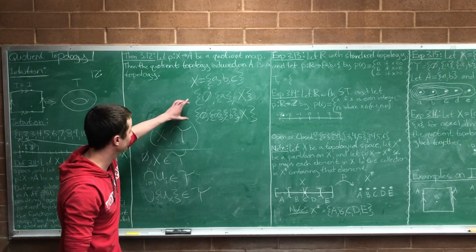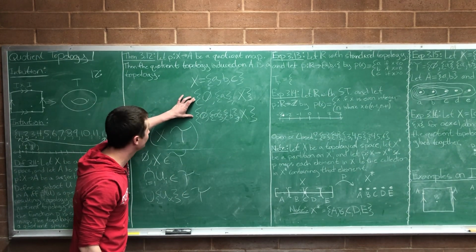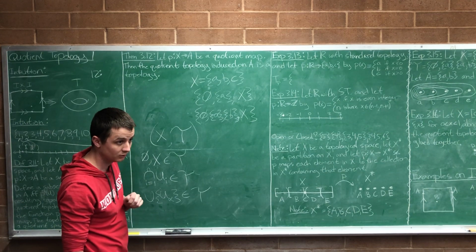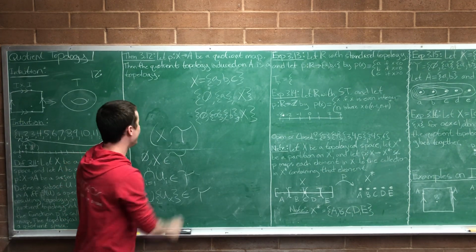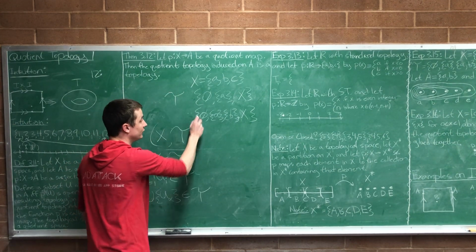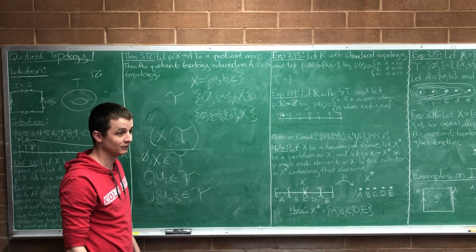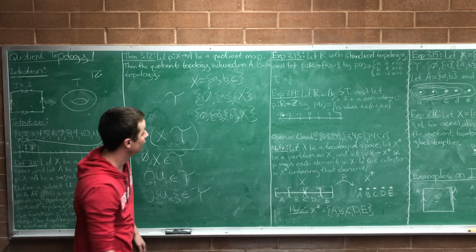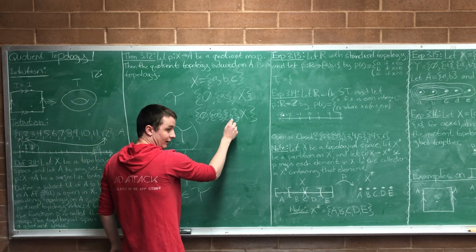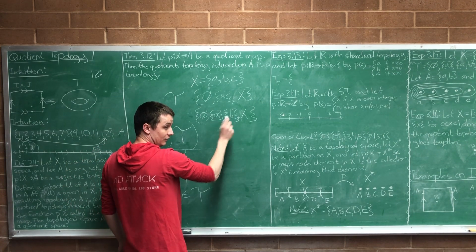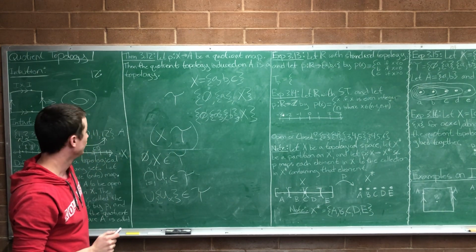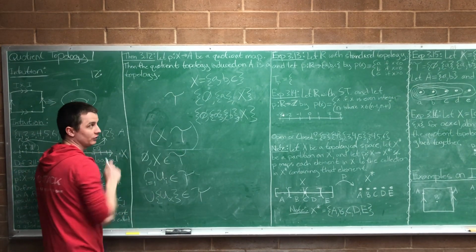Look at these two sets. These are both sets of subsets of X, right? Now this one is a topology and this one isn't, because the union of these two sets isn't in there. These are properties that the collection of sets has.